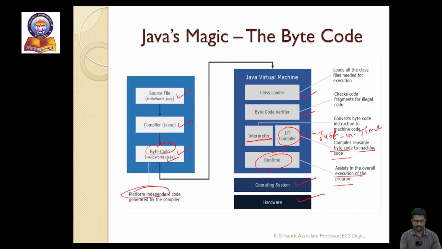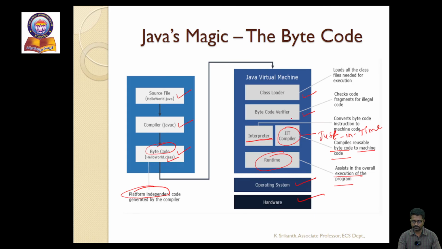So we write a .java program that is given to the compiler, and a bytecode is generated, which is an intermediate code that makes the language platform independent. The bytecode is given to the Java virtual machine, where the class loader component loads all the classes that are needed for execution. Then bytecode verification is done.